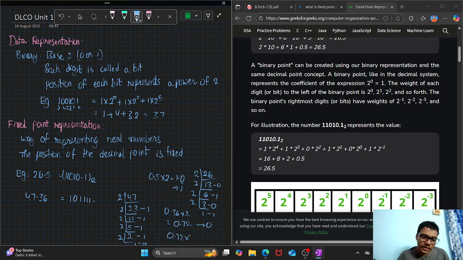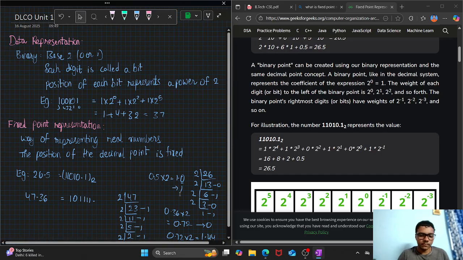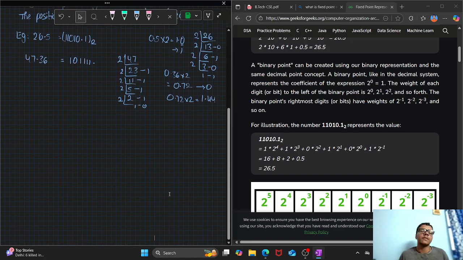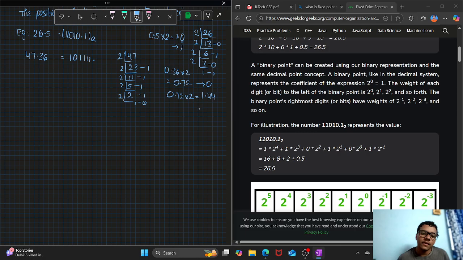And 0.72 times 2 is 1.44, so I got a 1 then. 0.44 times 2 is 0.88, you got a 0. And 0.88 times 2 is 1.76, so 1. So you got 0, 1, 0, 1.